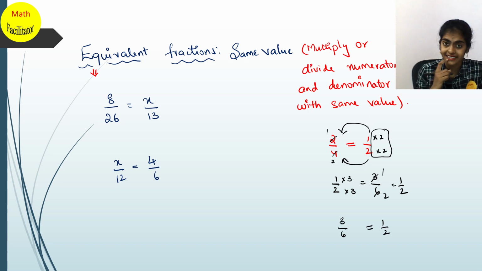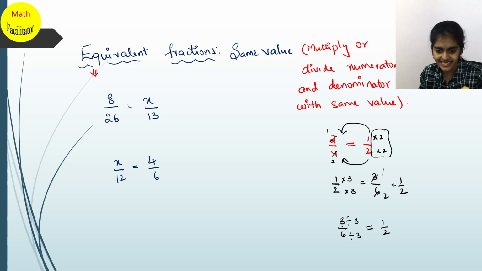How am I saying these are equivalent? I am just dividing the numerator and denominator 3 and 6 by a common number 3. 3 divided by 3 gives me 1, and 6 divided by 3 gives me 2. Getting the point? So the numerator and denominator we are either multiplying or dividing by the same value to get an equivalent fraction. Is this concept clear?